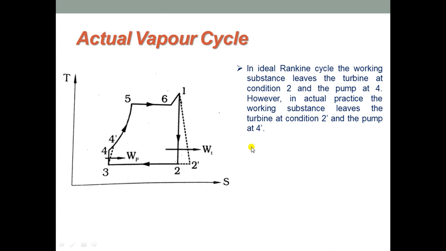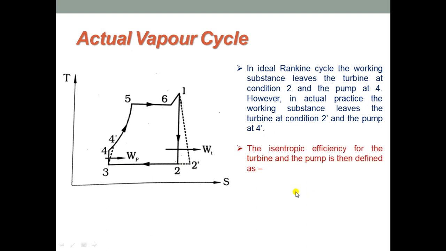Figure shows a TS diagram illustrating the effect of turbine and pump irreversibility. In ideal Rankine cycle, the working substance leaves the turbine at condition 2 and the pump at condition 4. However, in actual practice, the working substance leaves the turbine at condition 2 dash and the pump at 4 dash.